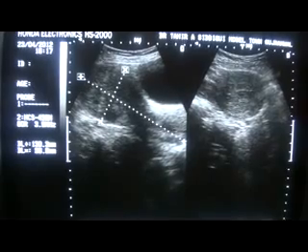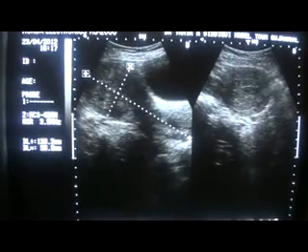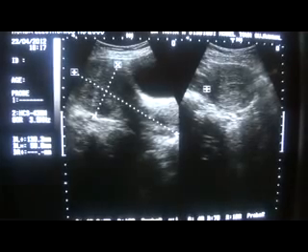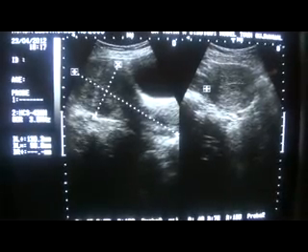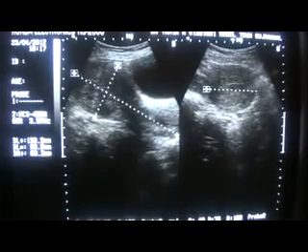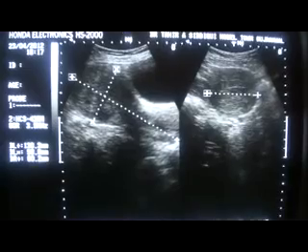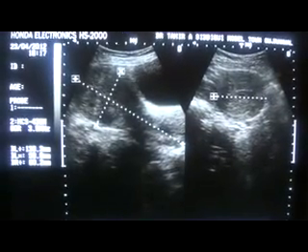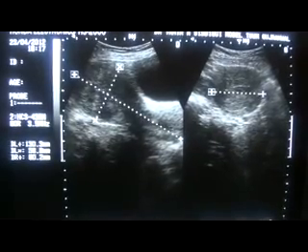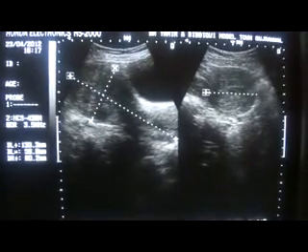Now let's see the cervix. The area in your view is the cervix, which is this box-shaped area. Now this is the cervix, with this being the anterior lip of the cervix, and this is the posterior lip or posterior segment of the cervix, and this is the cervical canal.